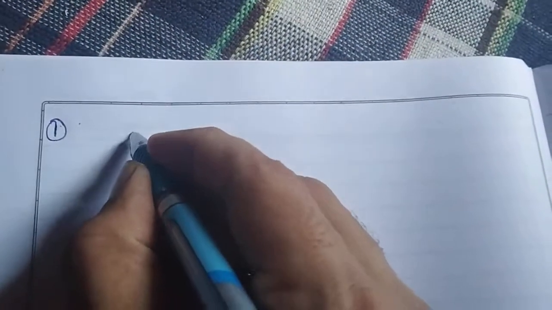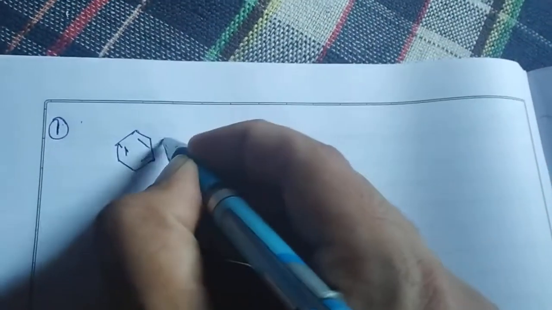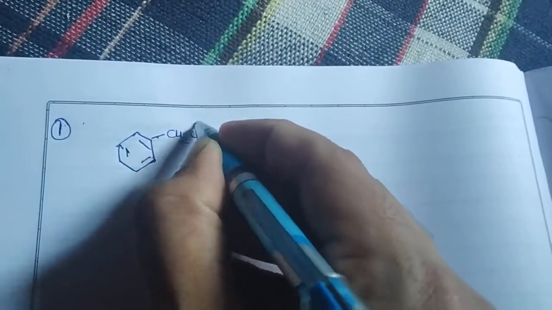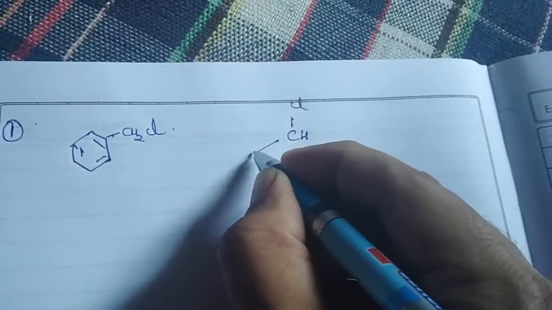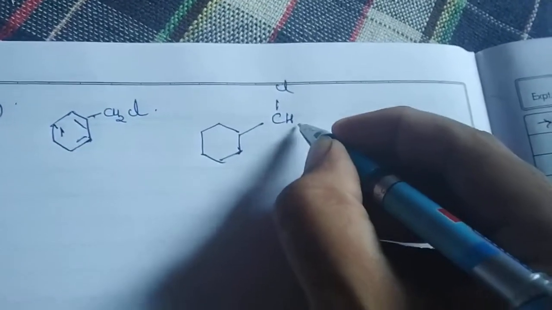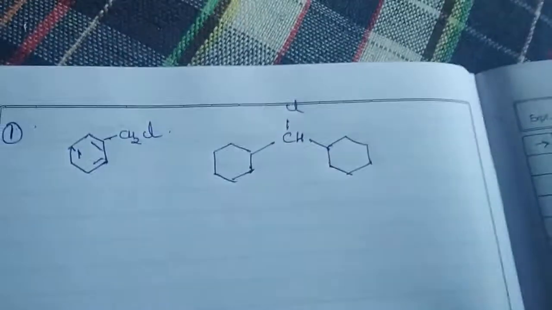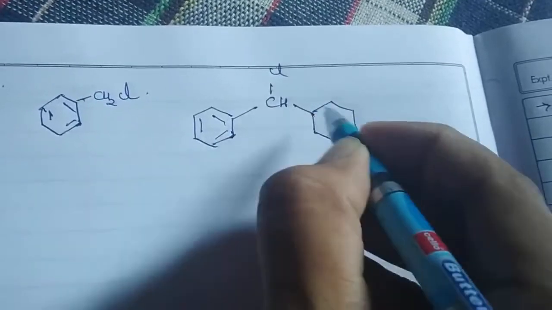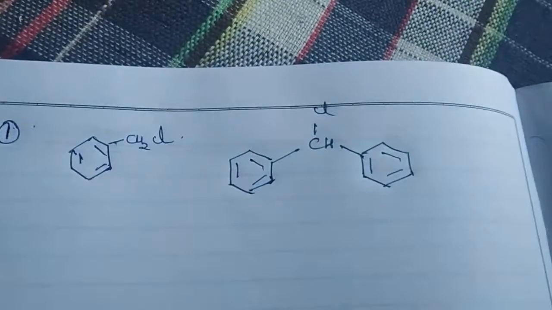Let me choose the first structure, a phenyl ring with CH2Cl, and one more structure with CHCl bearing two phenyl groups.